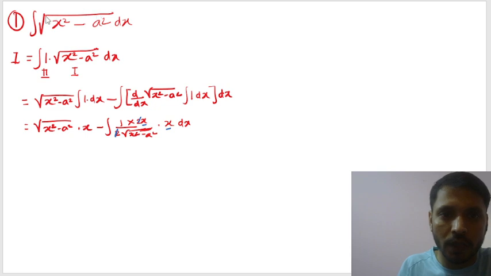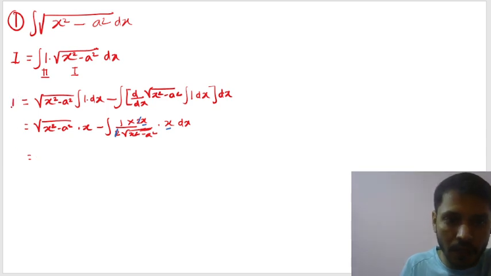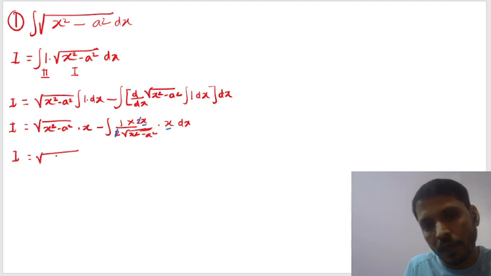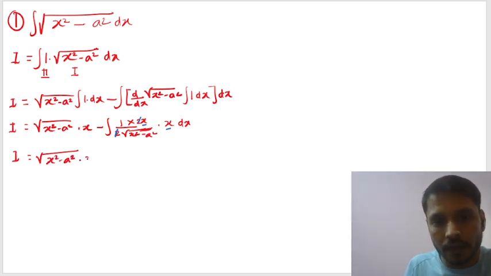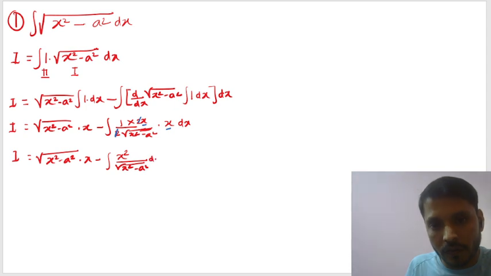So in the next step, we can write this is I, everywhere we will copy this. So I is equal to under root of x square minus a square into x, minus integration of x square divided by under root of x square minus a square into dx.